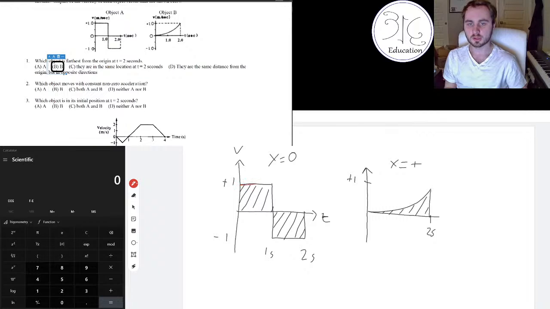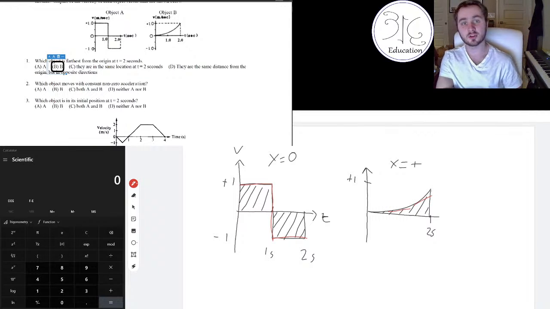And so if we look here, we have a slope of 0 at the top here and a slope of 0 at the bottom, and then an infinitely negative slope as we drop down in that instantaneous jump there. But if we look at our other guy here, we see that our slope is going to be steadily increasing. We have a positive slope there, and then an even more positive slope here, if we were to draw a line tangent to our curve here.